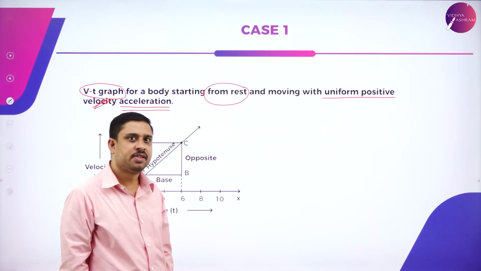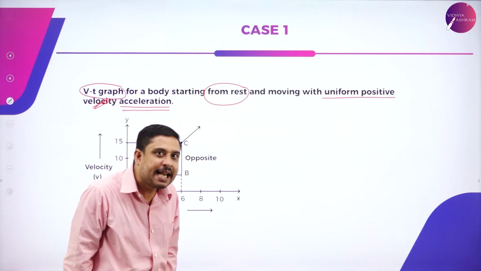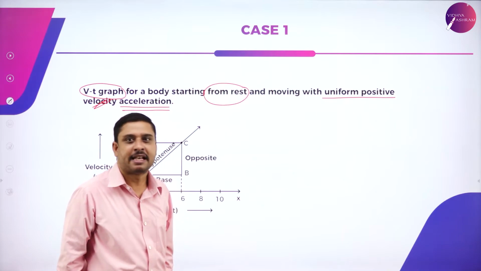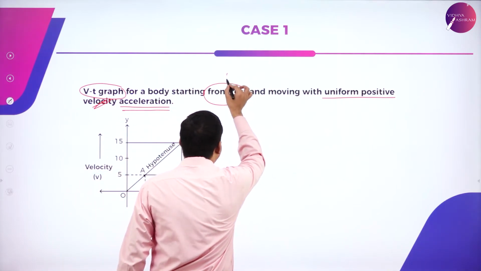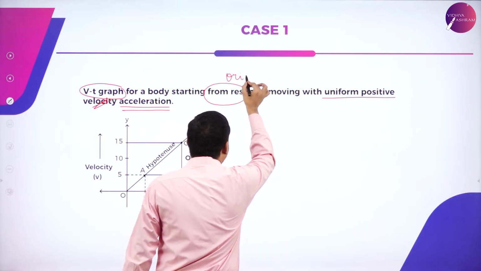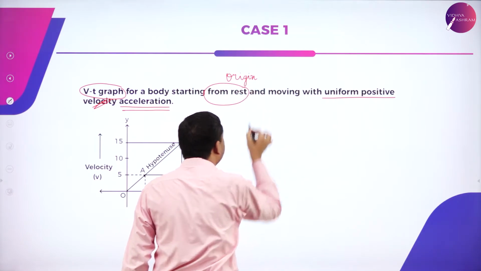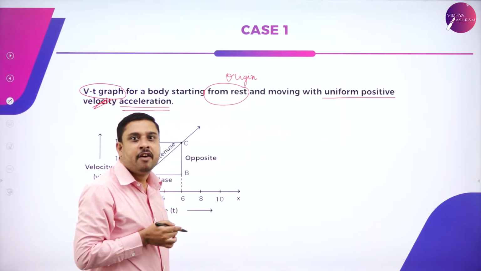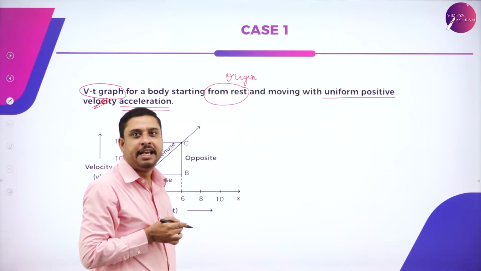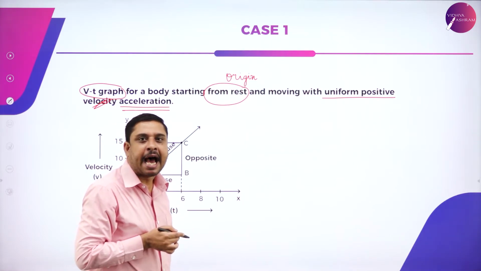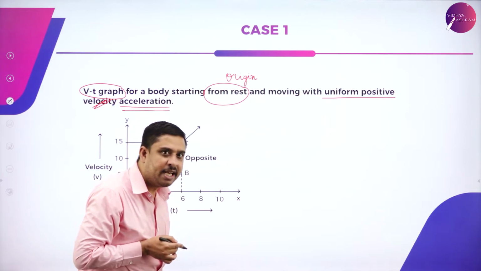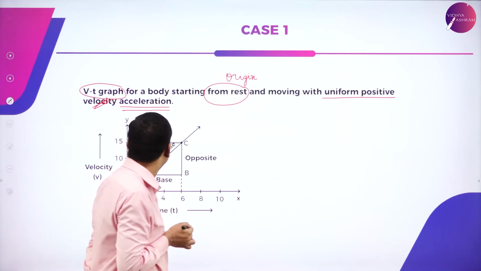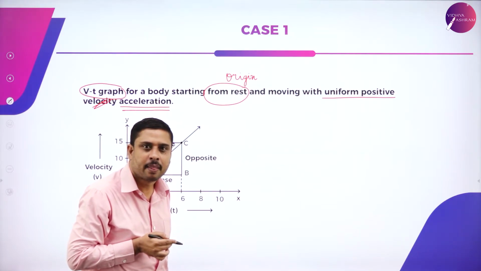So dear students, if I bisect the given condition, it has to start from rest, which means initially it has to be at the origin. Start from rest. Initially the body has to be at the origin and it has to possess uniform positive acceleration.